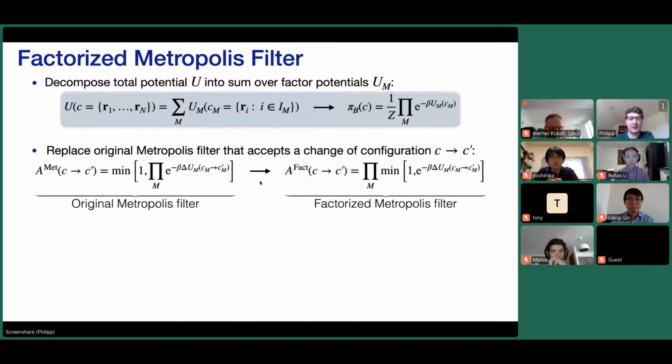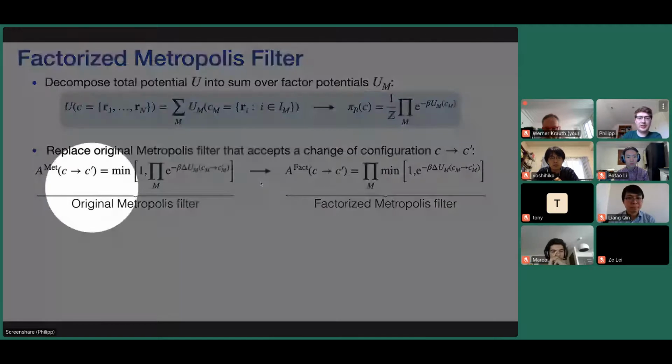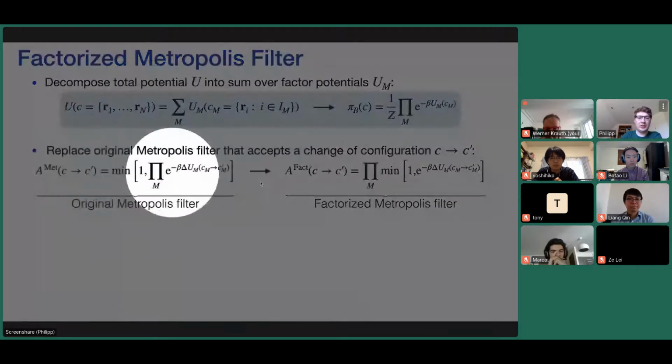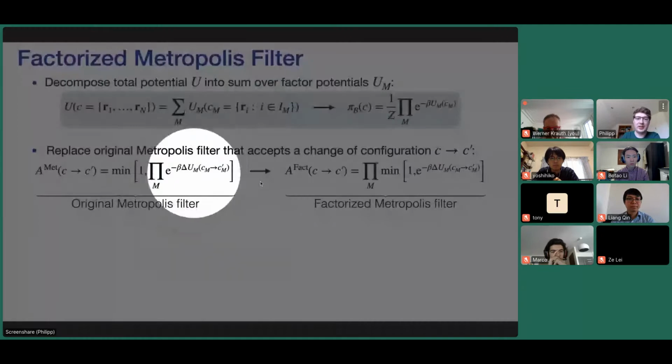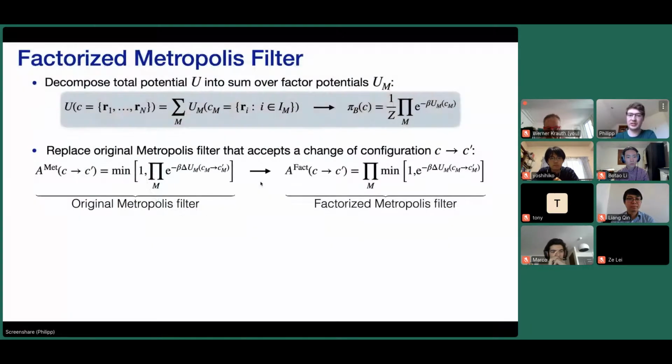We can replace the original Metropolis filter that accepts a change of configuration, C to C prime. I'm going to assume that we already proposed a new configuration, and I'm going to say how we do this in the next slide. Here it's just about the acceptance probability. On the left, you can see the original Metropolis filter, which just takes the minimum of 1 and the exponential of minus beta times the total potential change.